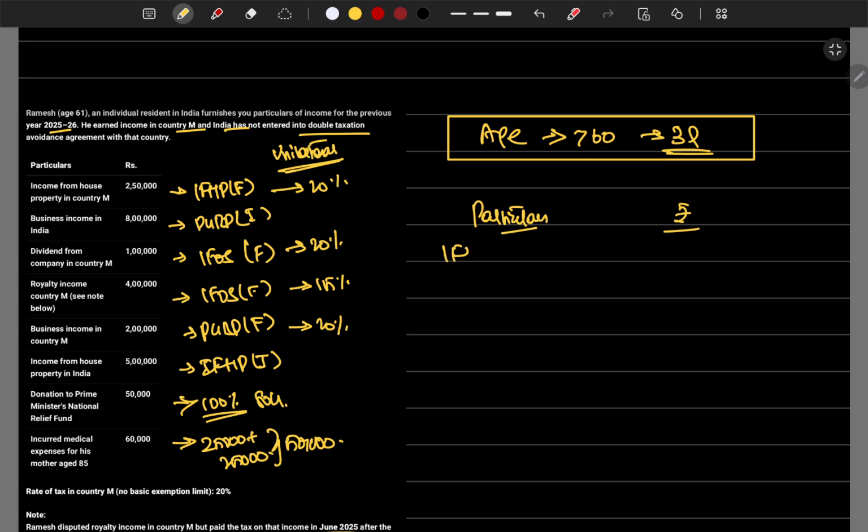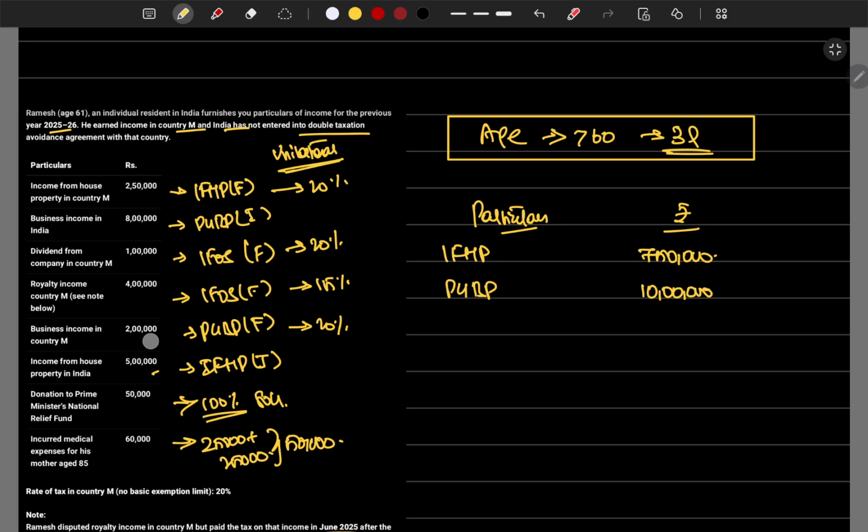What's the IFHP? 2,50,000 plus 5 lakhs, which is 7,50,000, including foreign. Then PGBP. What's the PGBP? 8 lakh, then 2 lakh, which is 10 lakh.